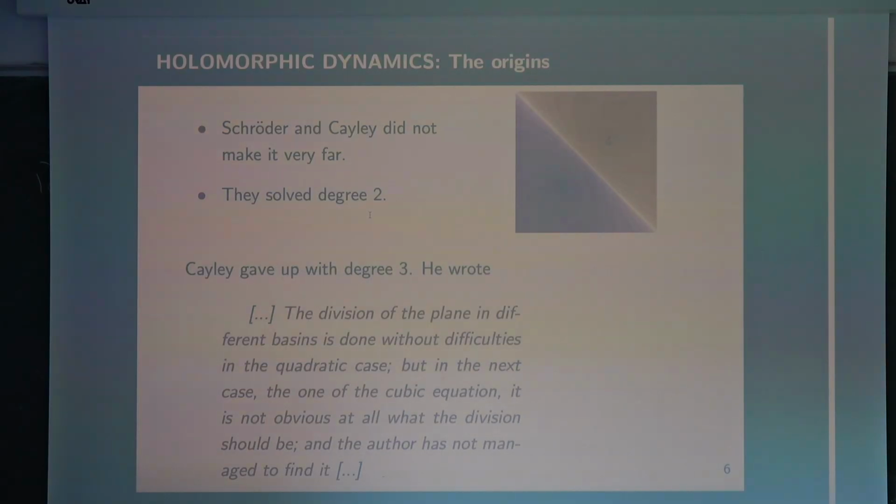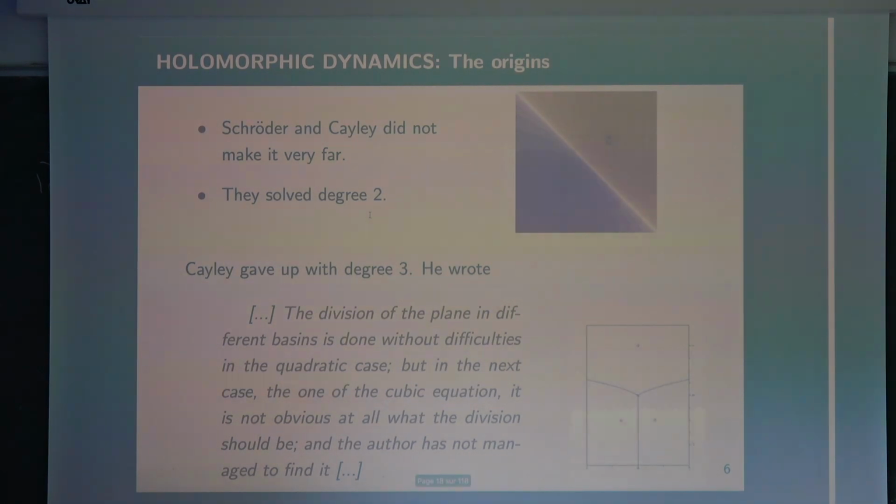Okay? And so Cayley, he wrote that it's easy in the quadratic case, so for degree 2, to see that you have a partition of the plane. But for degree 3, it's not obvious, and he could not find the solution of this problem.